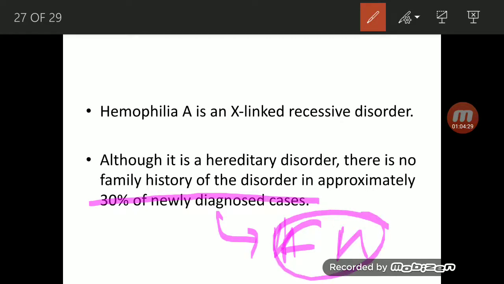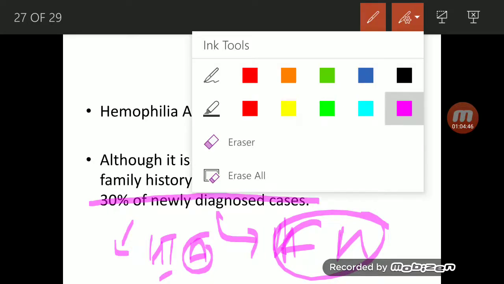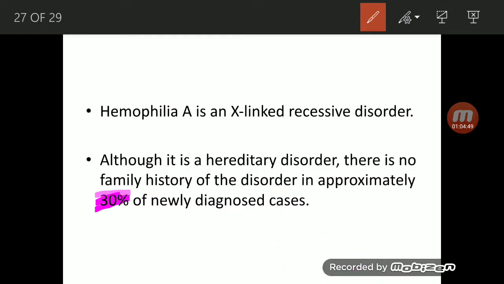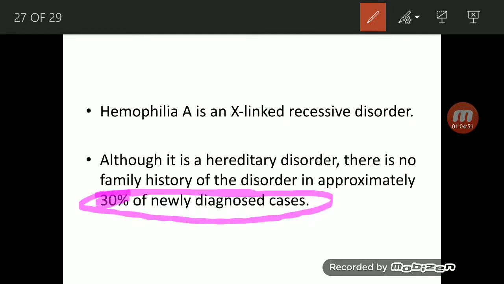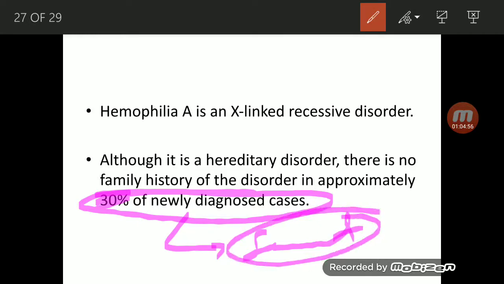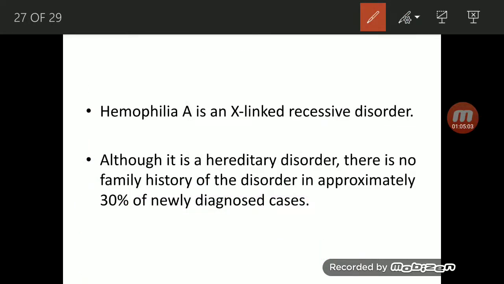So I've told you it is an inherited disease which is passed on from parents to offspring, but new mutations can also lead to hemophilia A.